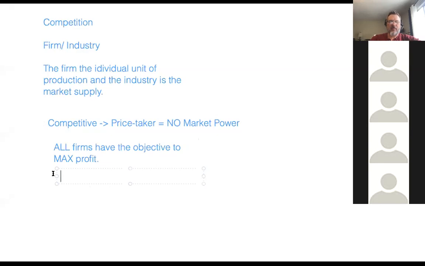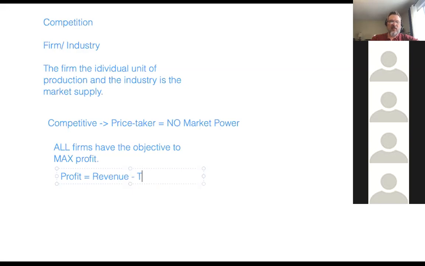Now we have to be precise that profit is equal to revenue minus cost.